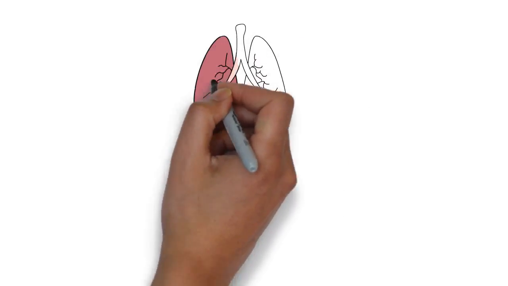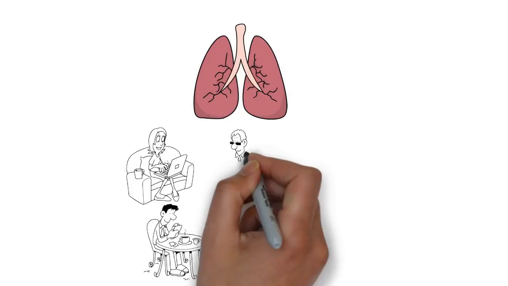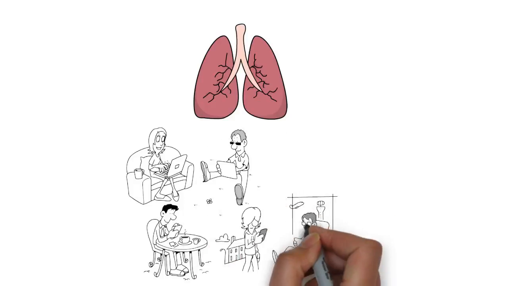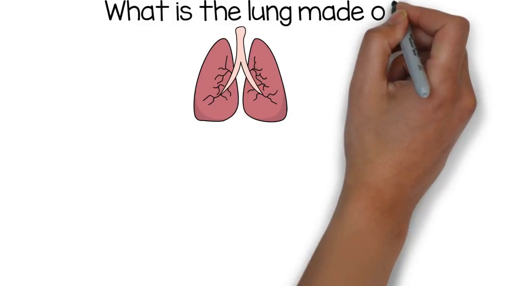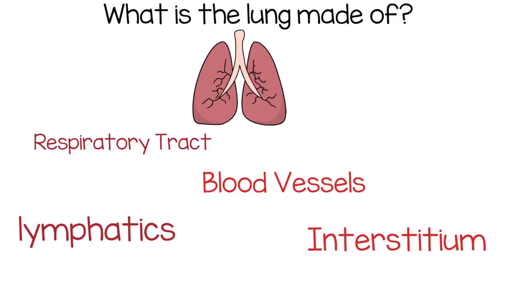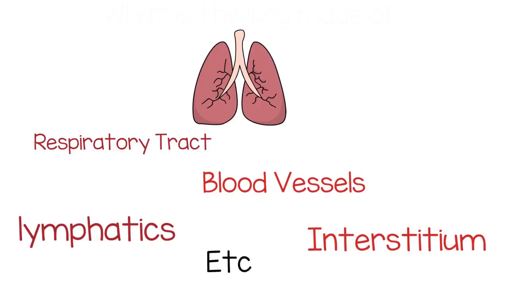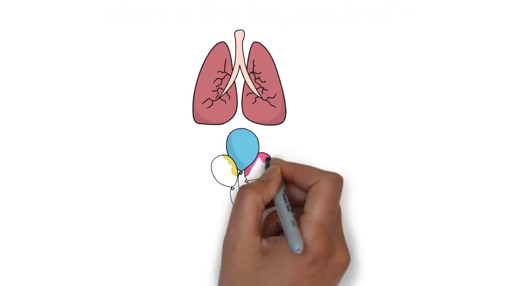Everybody knows that there are lungs, and if you go to an anatomy lab sometime or watch a lung surgery on YouTube, just look at what it looks like. Look at the lung. What is the lung made of? Well, there's a respiratory tract, blood vessels, interstitium, lymphatics, etc., and so on, right? I want you to think of the lungs like big spongy balloons.